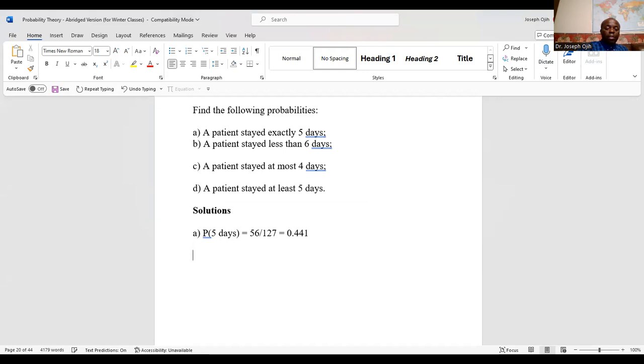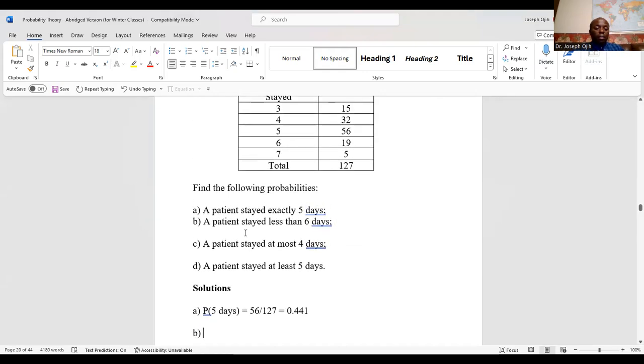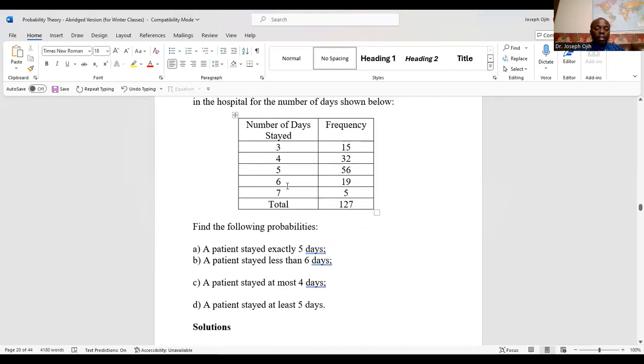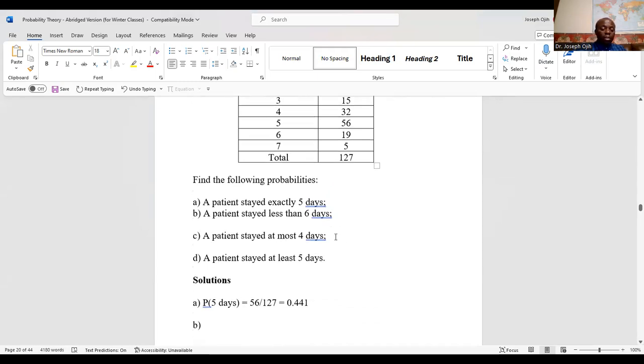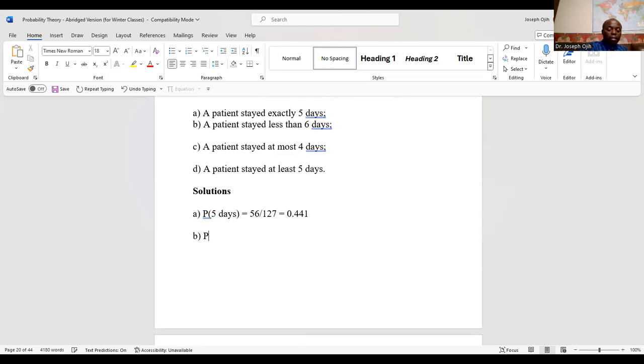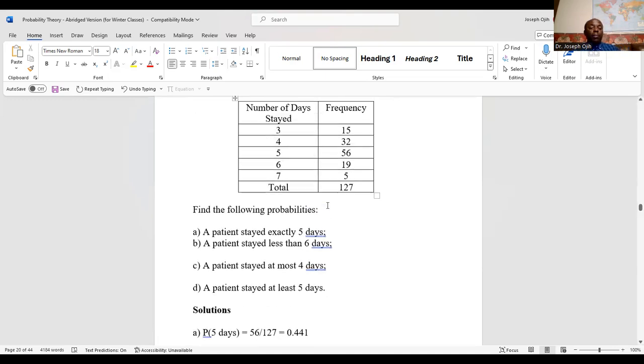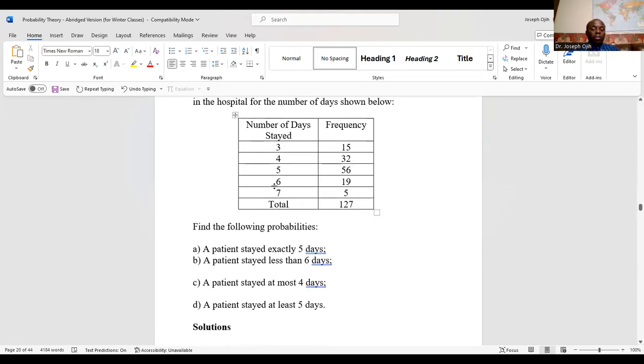Then B says a patient stayed less than 6 days. This is 6 days here. So less than 6 days means 3, 4, 5. You cannot count 6.